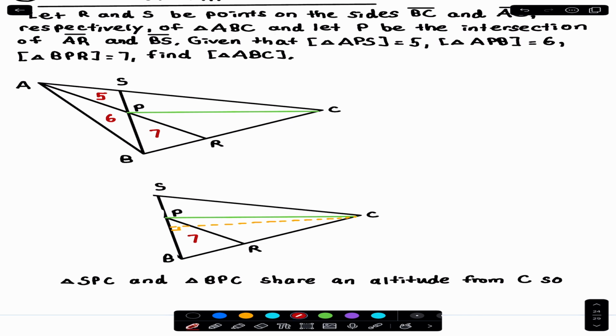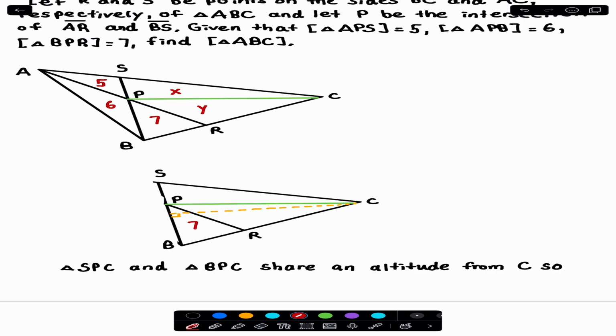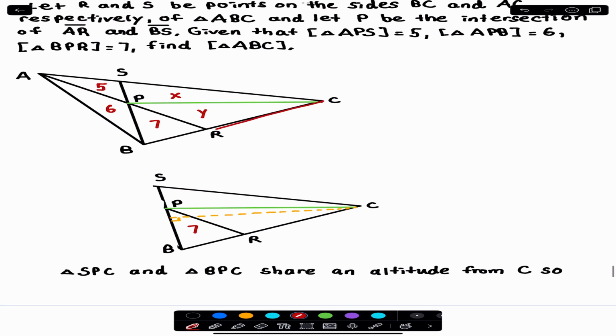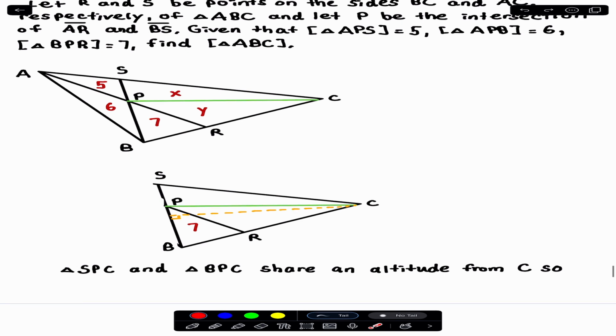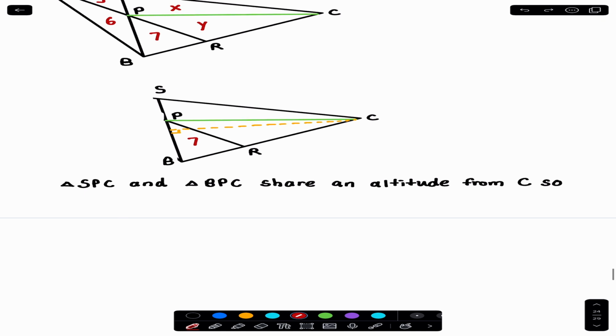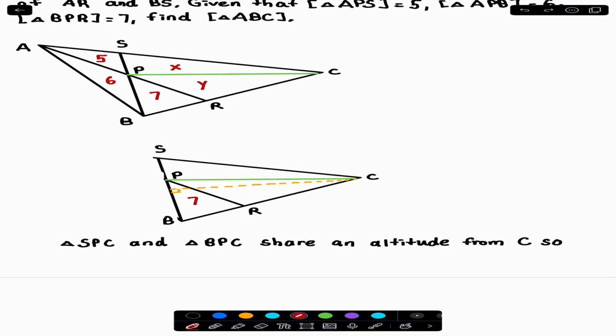And you know what? Let's call this X and let's call this Y. That way I don't have to keep calling it the area of triangle SPC and the area of triangle CRP. I can just call it X and Y. That was not this, my bad. And then I'm going to have to actually add this here. So that's X and that's Y.